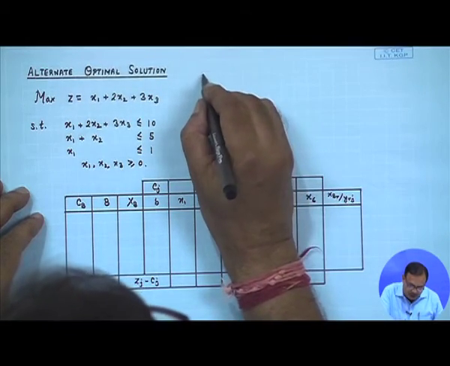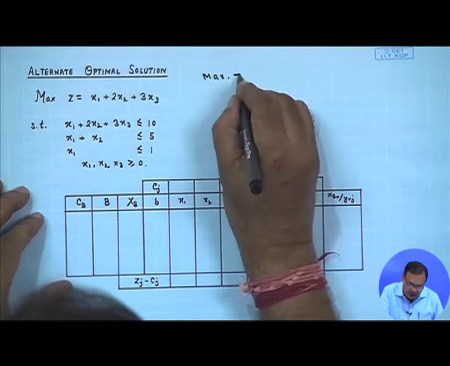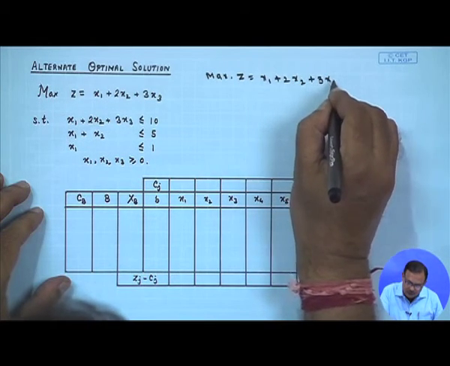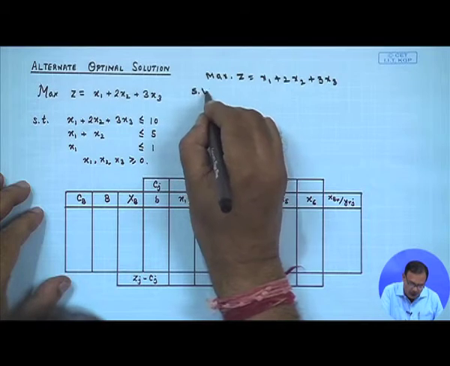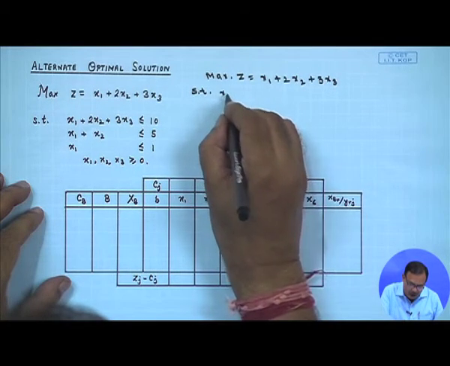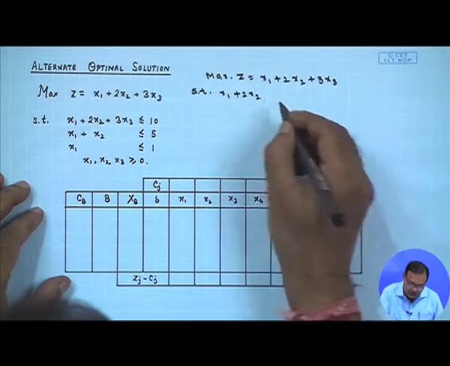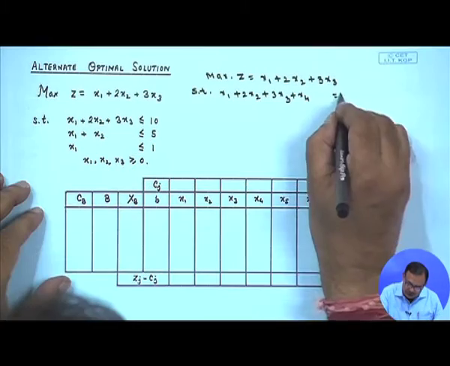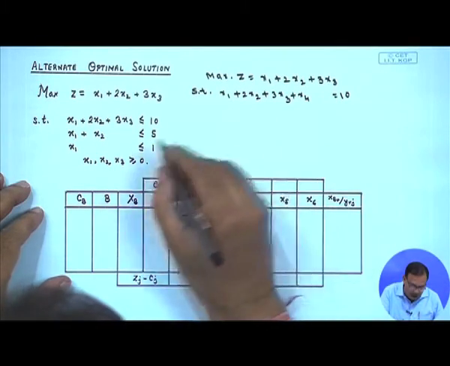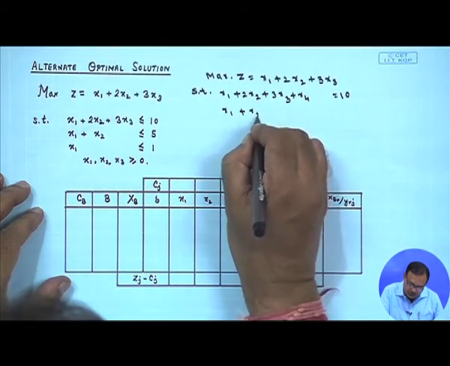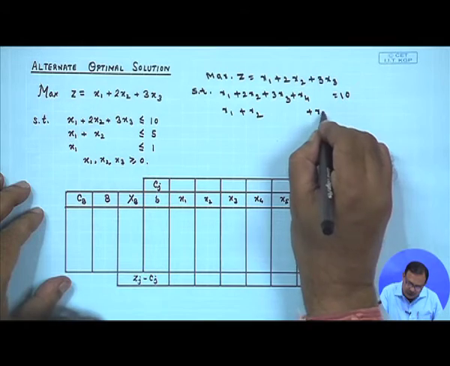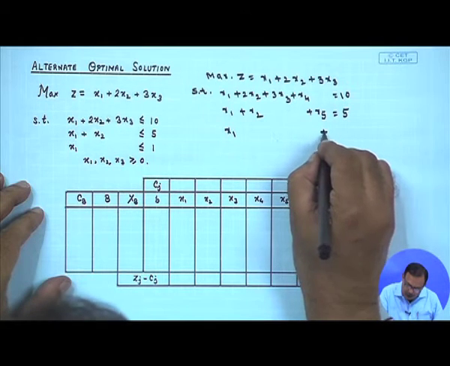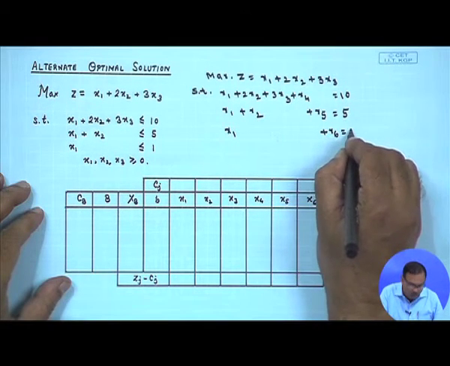So I have to introduce 3 slack variables to make these inequality constraints equal. In standard form we can write: maximize Z equals x1 plus 2x2 plus 3x3 subject to x1 plus 2x2 plus 3x3 plus x4 equals 10, x1 plus x2 plus x5 equals 5, and x1 plus x6 equals 1.